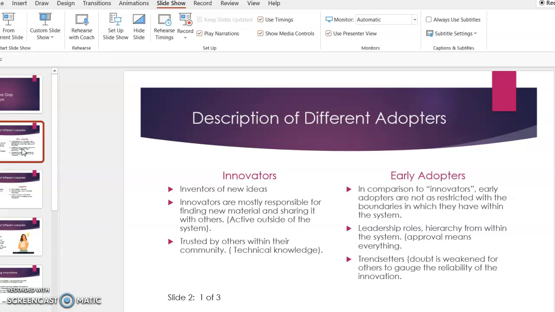Then it goes to early adopters. Early adopters, in comparison to the innovators, are not restricted with boundaries within their system. So early adopters are mostly looked at as your leaders, your hierarchy position leaders, or people who are in leadership. They are mostly on board with the innovator.